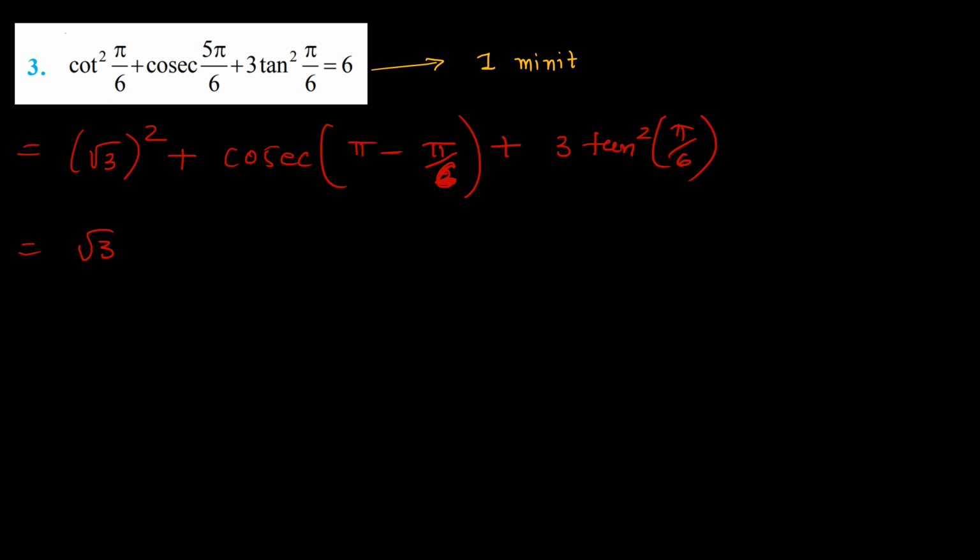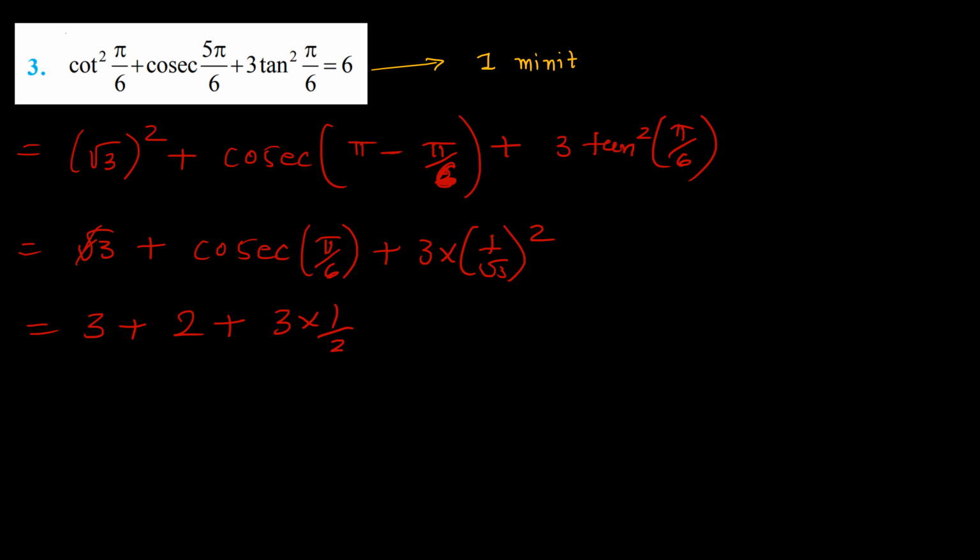Root 3 square means 3, plus cosec of pi minus pi by 6, which is in the second quadrant, so it is cosec pi by 6, plus 3 multiplied by 1 upon root 3 square. So 3 plus cosec pi by 6 which is 2, plus 3 multiplied by 1 upon 3. So it is 3 plus 2 plus 1, that means 6. Okay, we get the output 6.